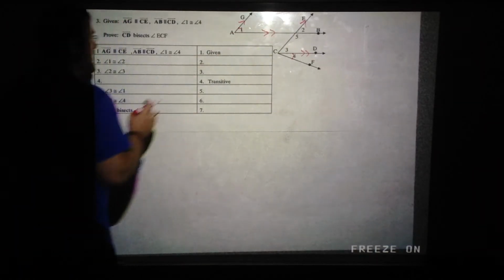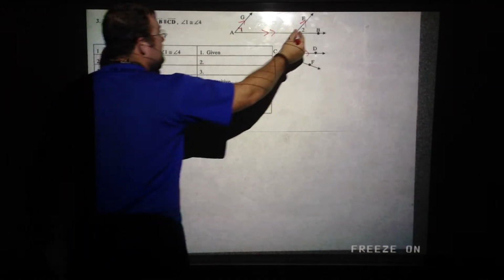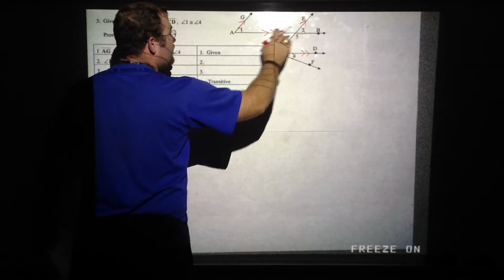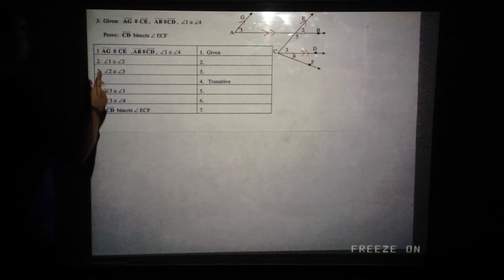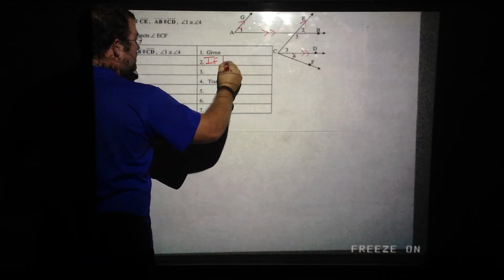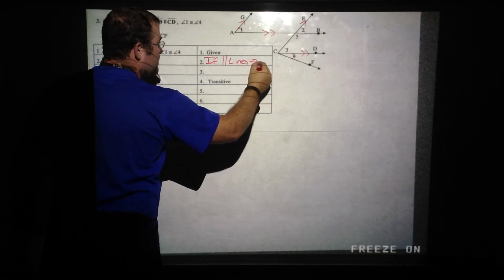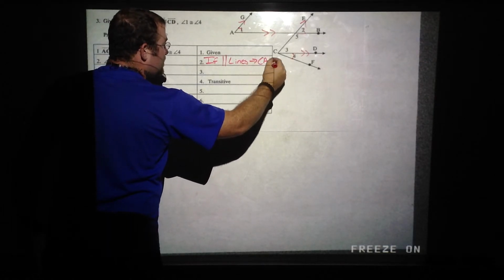So we have our 2 parallel rays. And in step 2, it says that angle 1 is congruent to angle 2. Because those 2 rays are parallel to each other, we know that angle 1 and angle 2 are corresponding angles. So we have: if parallel lines, then corresponding angles are congruent.